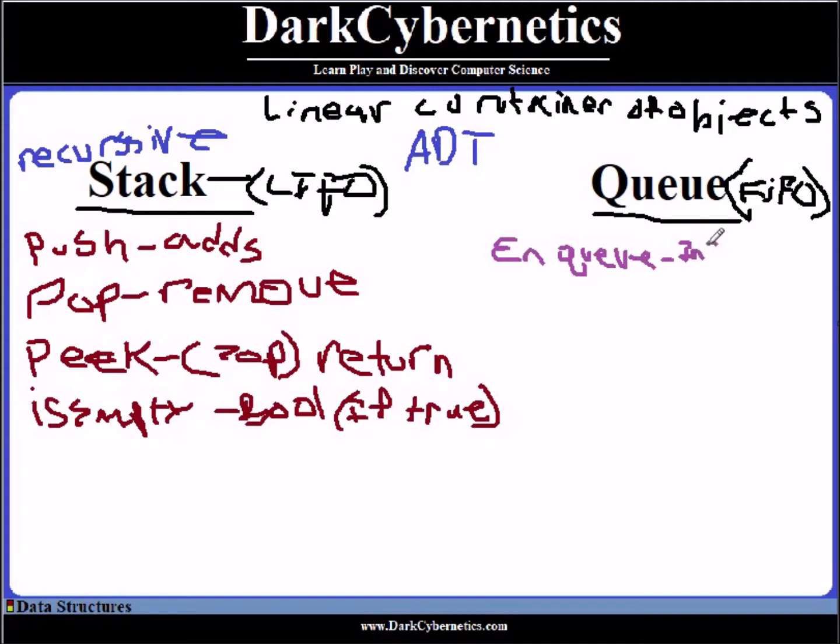We're going to, of course, insert at the end, or the back part. All right, and we dequeue. If enqueue is adding to the queue, dequeue means we have to remove from the queue.